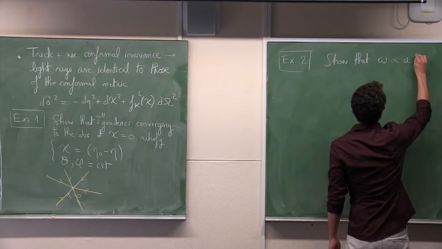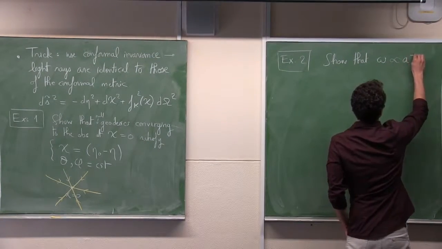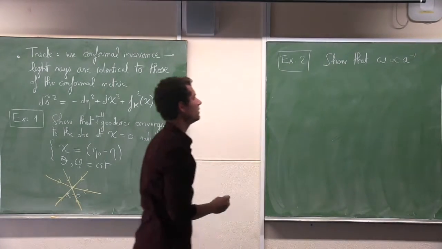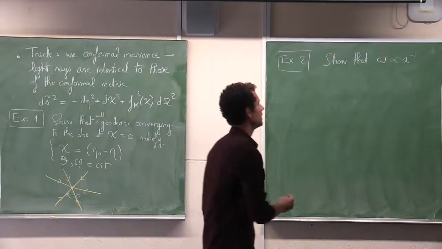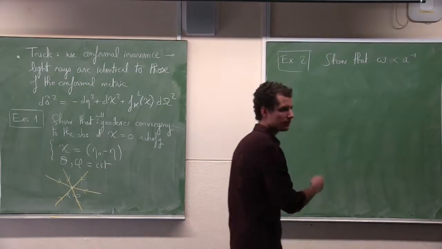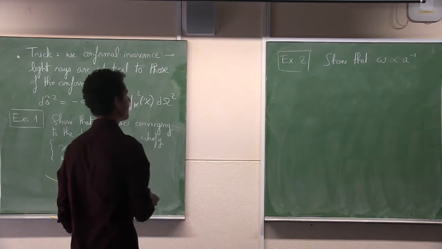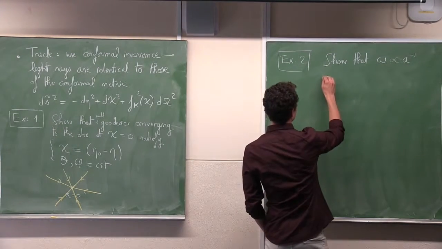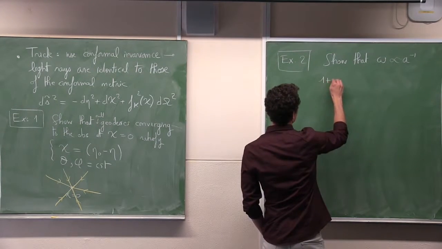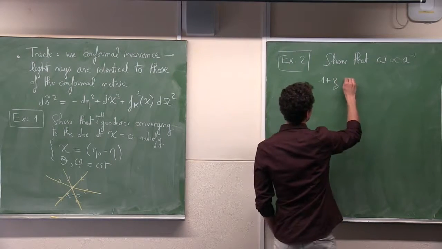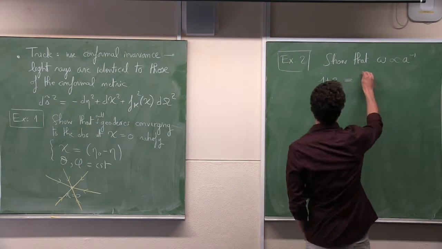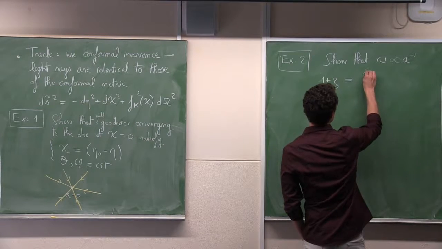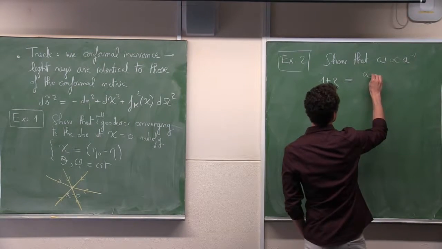So you can show that frequency decreases as the inverse of the scale factor. So that we have this very famous relation that the redshift is given by just the ratio of the scale factors of emission and reception.